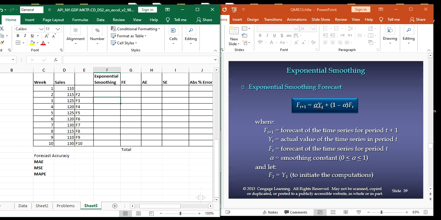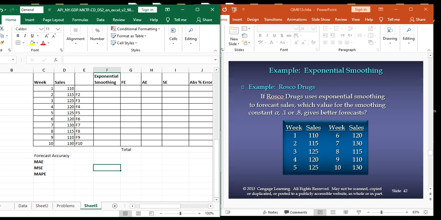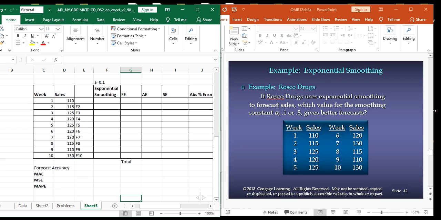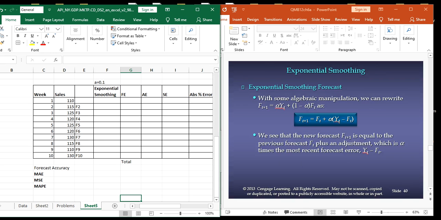Let's see how that works. You understand better while we apply it here. In this example, alpha is 0.1, multiplied by the actual value, plus 1 minus alpha, which means 90%.